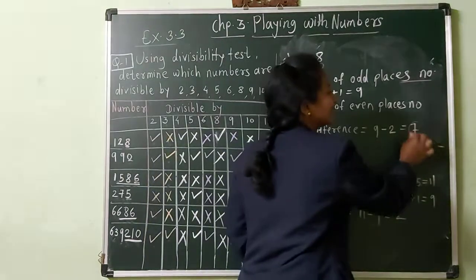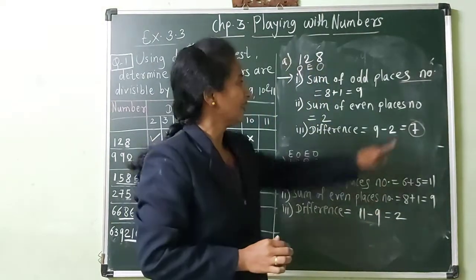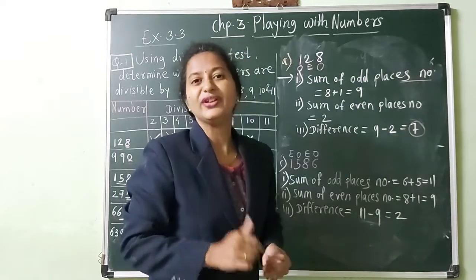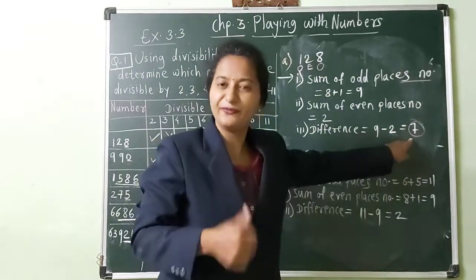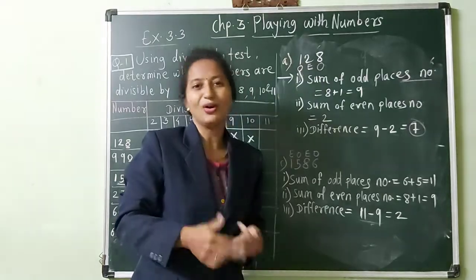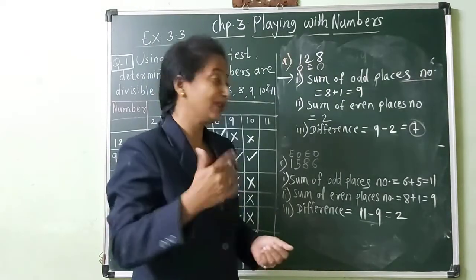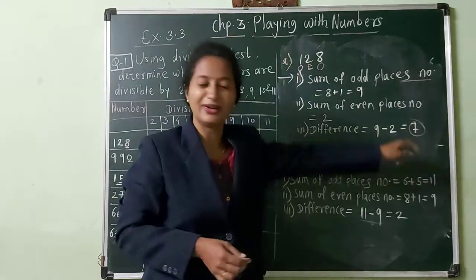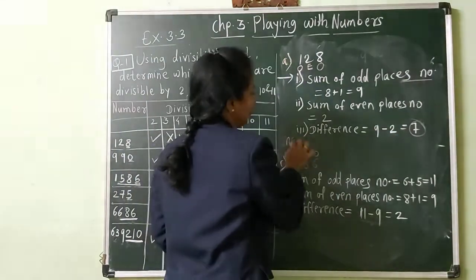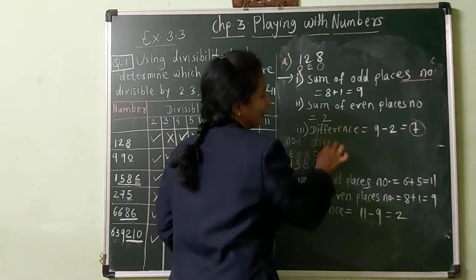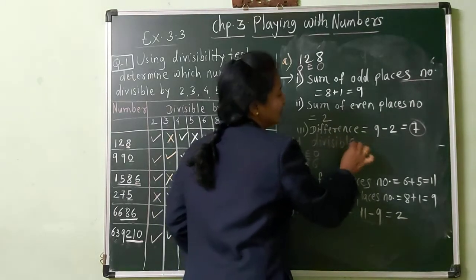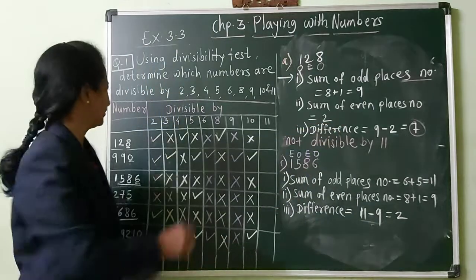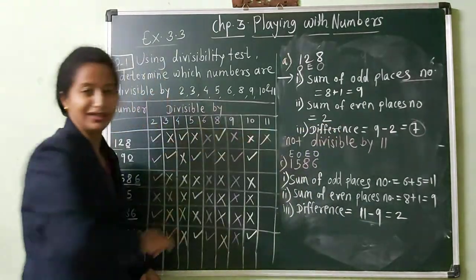As per the rule, if you get the difference as either 0 or a multiple of 11, then only that number is divisible by 11. Here you got 7, so this number is not divisible by 11.